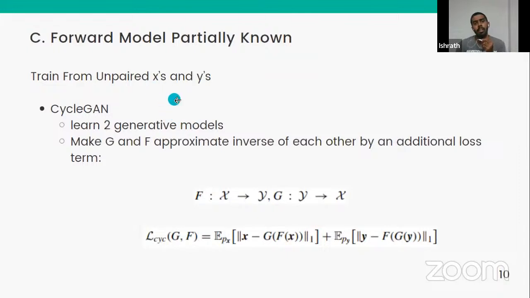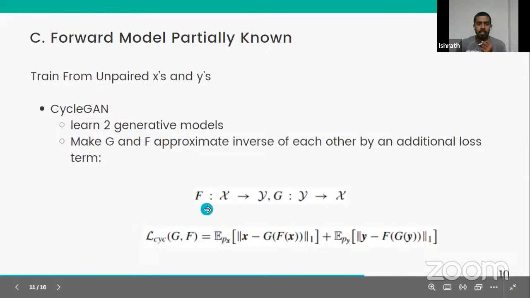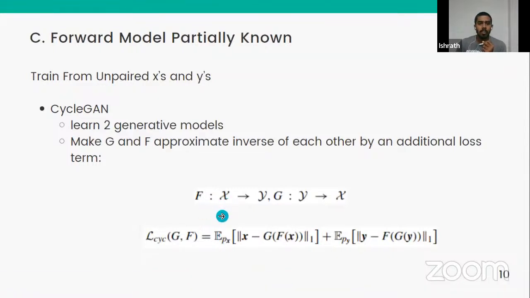One approach to finding the joint distribution of the x's and y's is mentioned in the paper called CycleGAN. In CycleGAN, they learn two generative models. One generative model maps x's to the y domain and the other maps y's to the x domain. At the same time, we also have to make sure that g and f are inverses of each other.